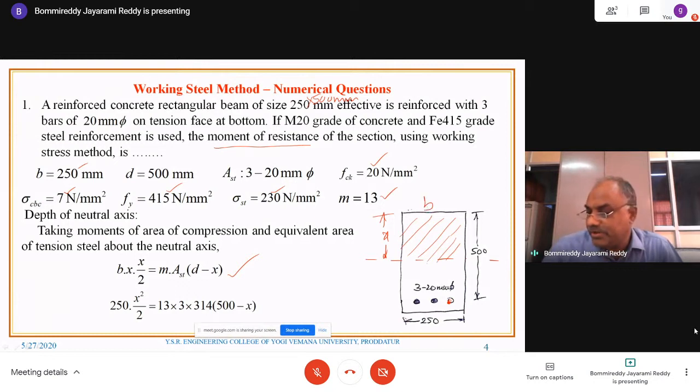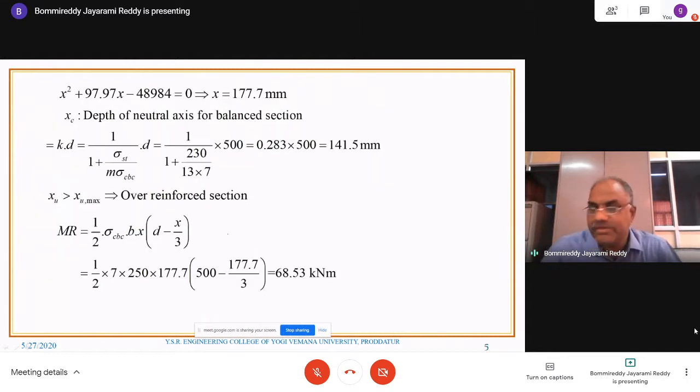So what is that? b into x by 2 equal to m into AST into (d minus x). Already you have seen. So here substitute the various values. The only unknown value is x. AST is known, d is known, everything is known except x. By solving this, you can get x equal to 177.7 millimeters.